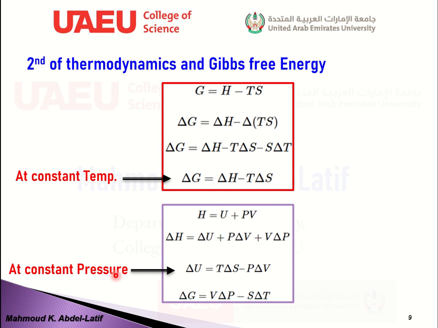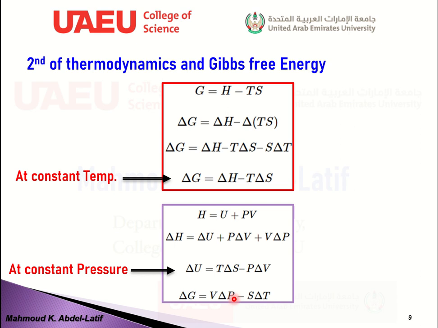And at constant pressure, you can remove this one, V delta P, because it's a constant. So you end up with delta U. Just rearrange this equation, you end up with delta U equals TdS minus P delta V, and you end up with the change in the Gibbs free energy being V delta P minus S delta T.